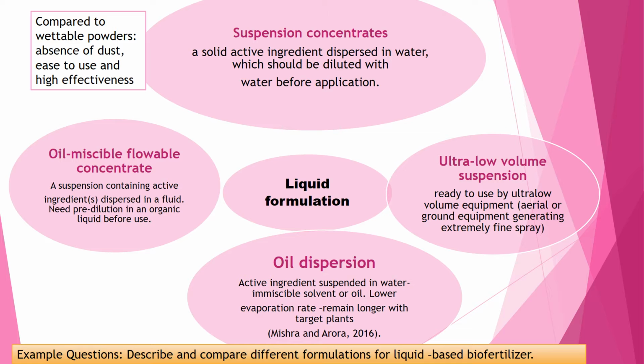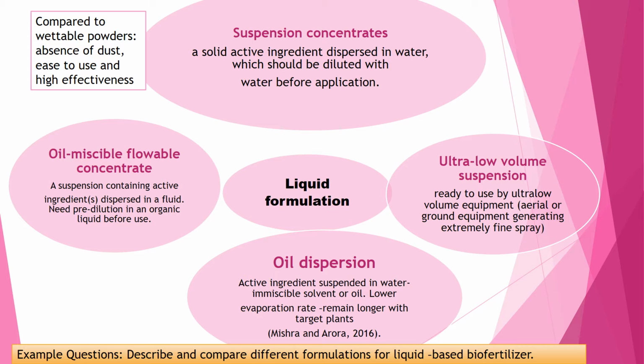before spraying to the plant. Okay, so this is a special case when the microbe prefers an oil interface, but usually it is the water soluble phase. Another one is oil dispersion, where the active ingredient, meaning the MI, is suspended in a water-immiscible solvent or oil. Okay, this is miscible, this is immiscible. So immiscible means they are two-phase. They are not really mixed together to become an emulsion.